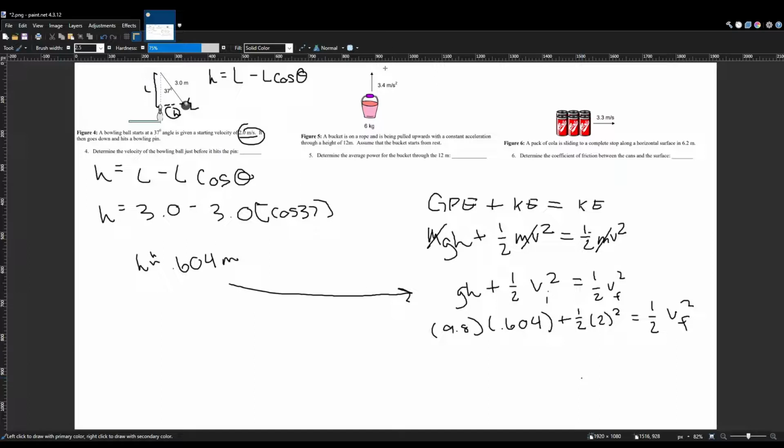So if I put this in my calculator, 9.8 times 2.604 plus 1/2, make sure to square the velocity, 2 squared, equal to 1/2 velocity final squared. Velocity final is approximately going to be equal to 3.98 meters per second, and that is our answer to the pendulum problem over here.